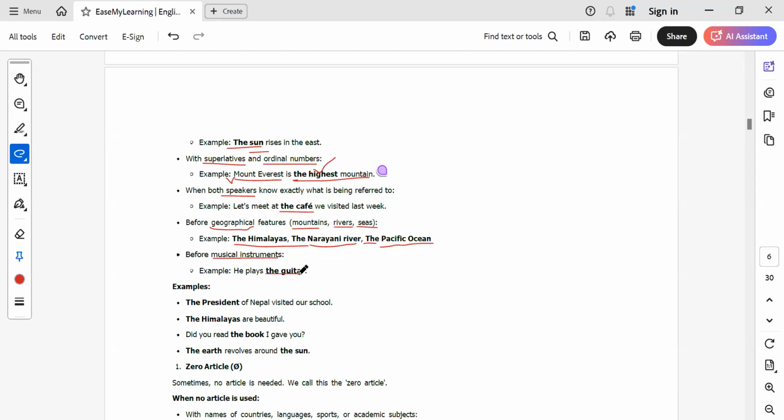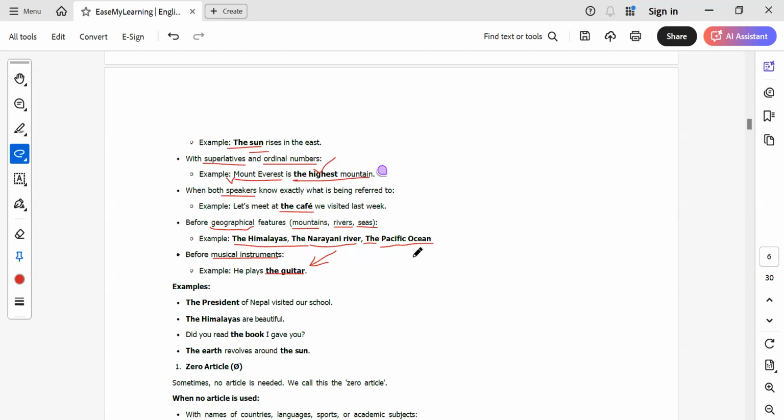He plays the guitar. Now, everything I've told you till now is that we are referring to a specific tagged object. But here it's not true. Guitar can be any guitar. It can be a guitar I bought from Amazon. It can be a guitar I brought from India. It can be a guitar I bought from Nepal.